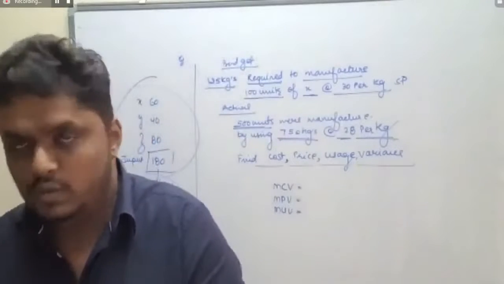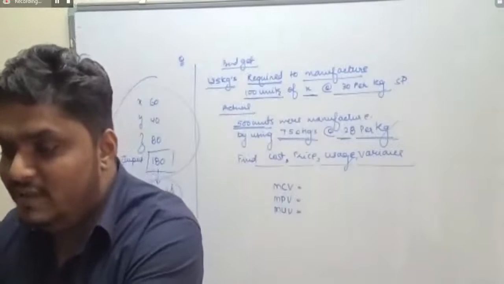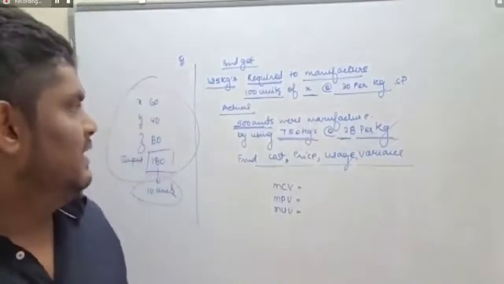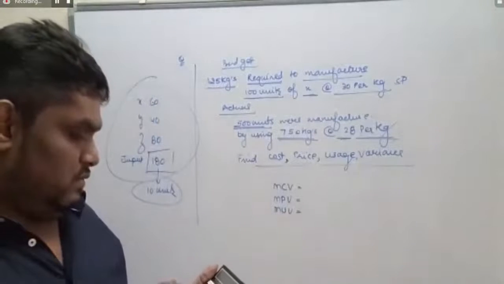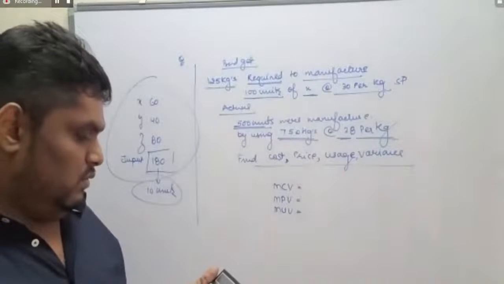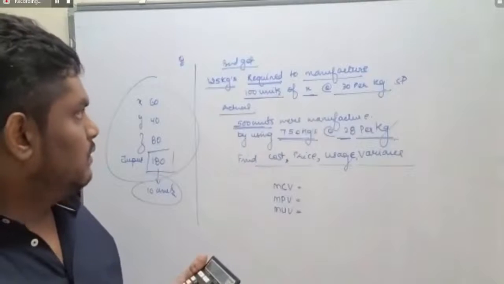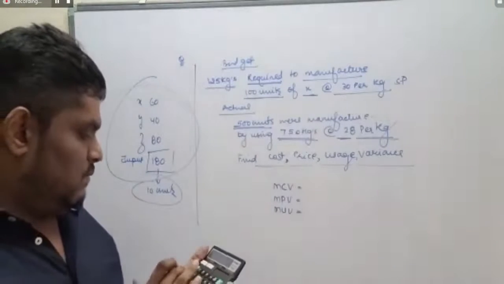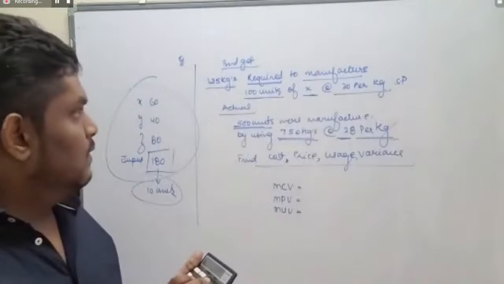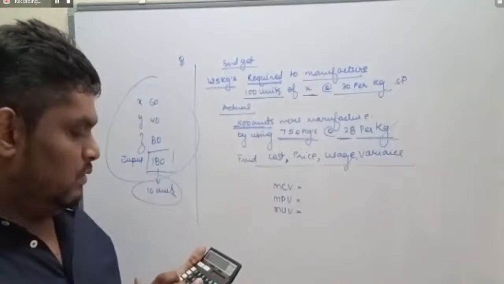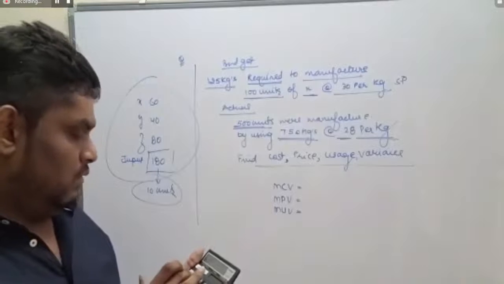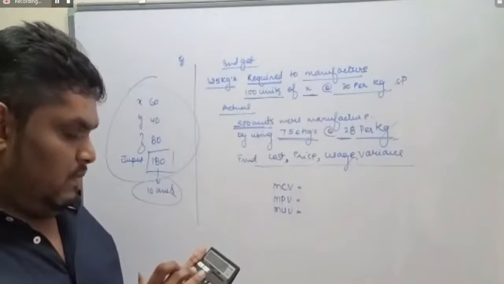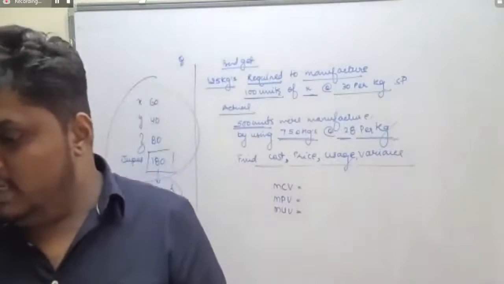Very good, Manish. Quick answer. Let me check whether the answer is correct. I got the answer from Mr. Manish, that is material cost variance. Let me check. Correct answer, Manish.